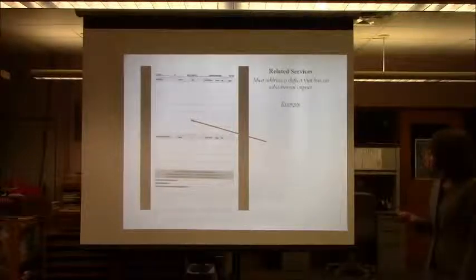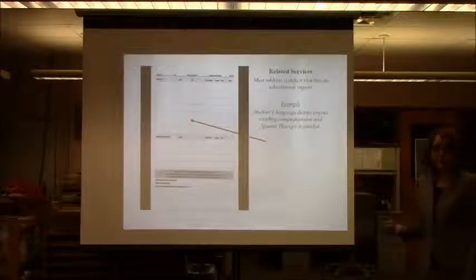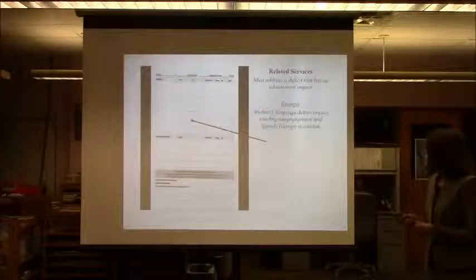They're having some type of difficulty with the curriculum and with school, and they need that speech therapy or whatever related service it is in order to make progress in their educational program. So for example, if a student has language delays that are impacting their reading comprehension in the reading class, then they might need speech therapy.